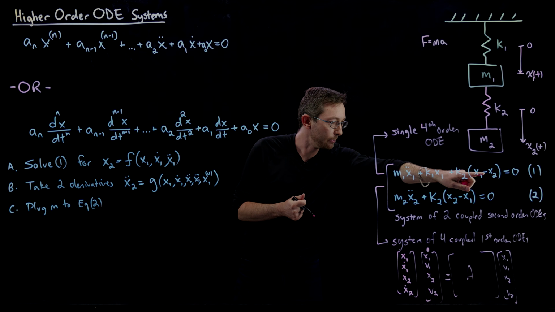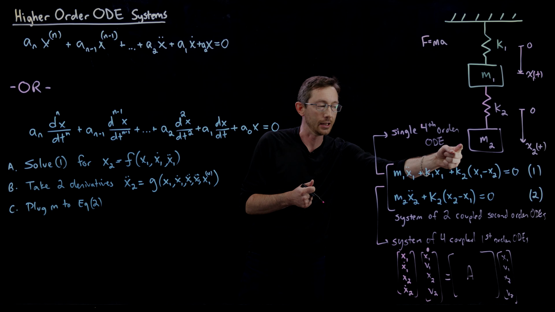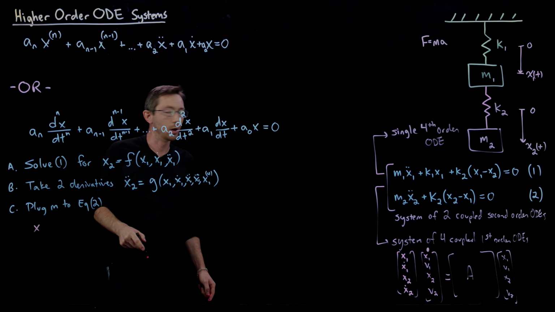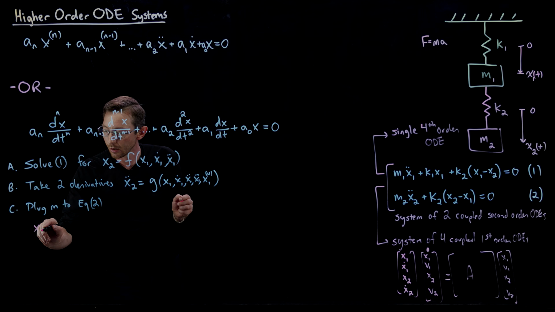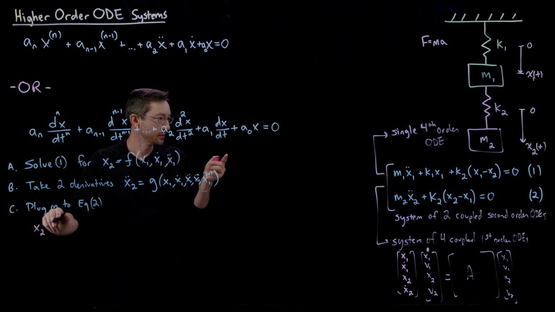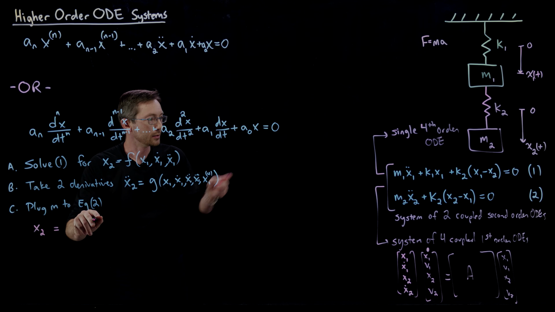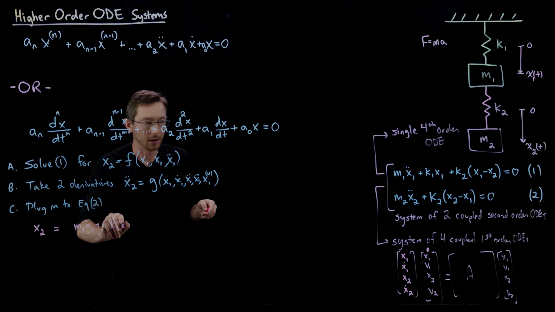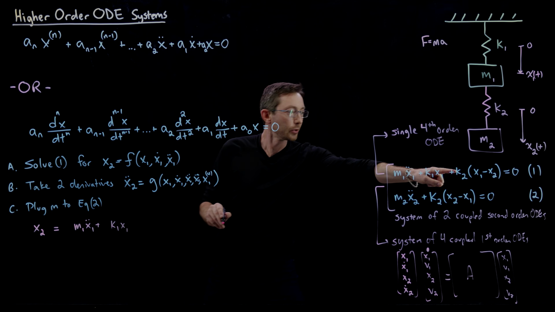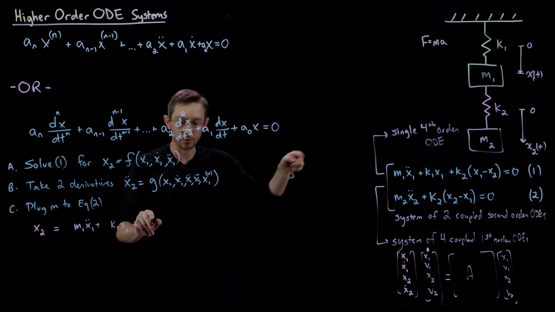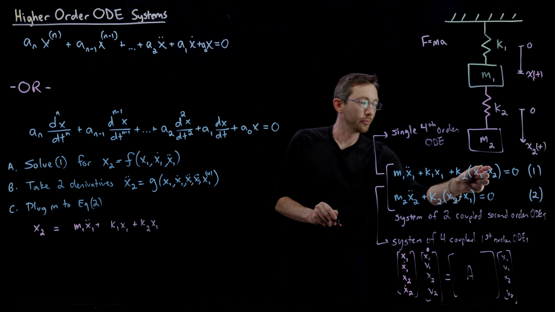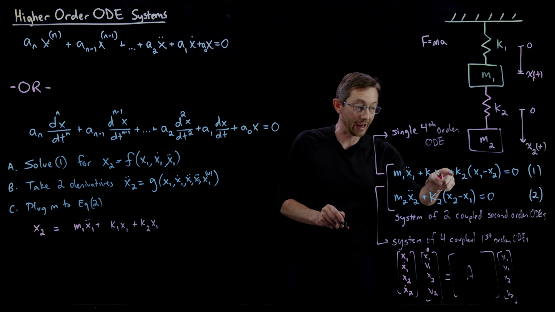So I'm going to move my x2 over and divide by k2. So I'm going to say, if I solve equation 1 for x2, x2 equals everything on the left, which is m1 x1 double dot plus k1 x1 dot plus k2 x1, and I moved my x2 times k2 over, and I'm going to divide by k2.